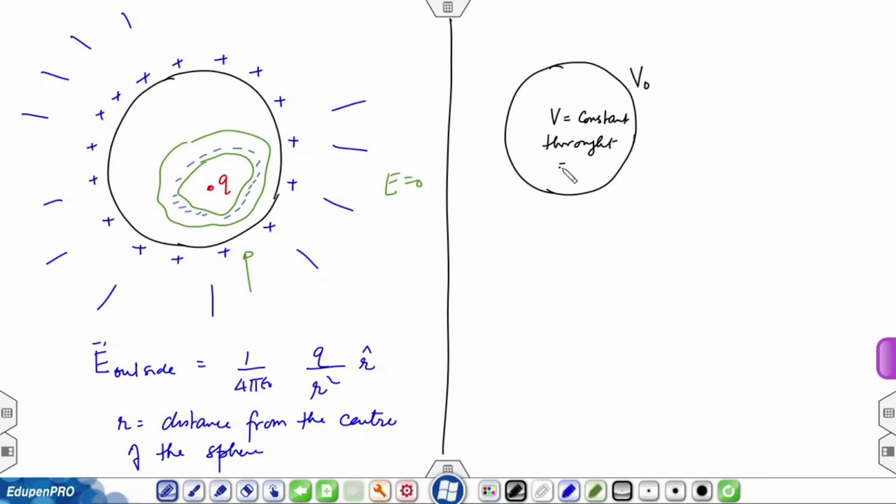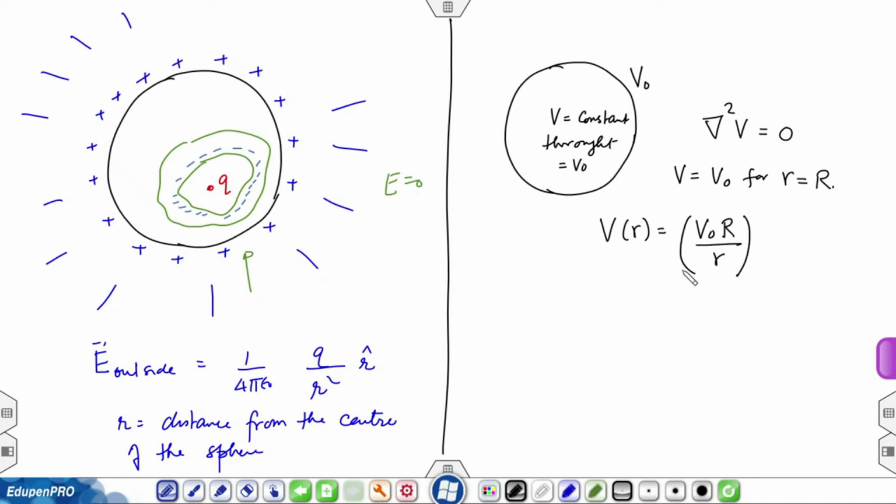So, let this constant be V 0, and the Laplace equation outside is del square V equal to 0, and V equals V 0 for r equals R. The only solution, and you can check for this, is going to be V(r) equal to V naught R over r. This satisfies the boundary condition.